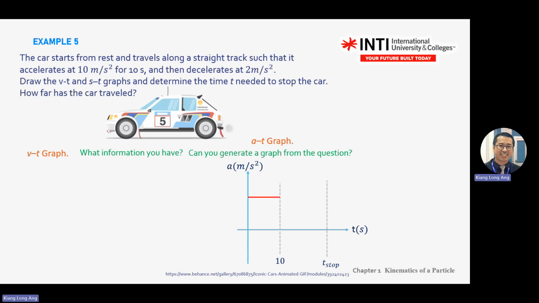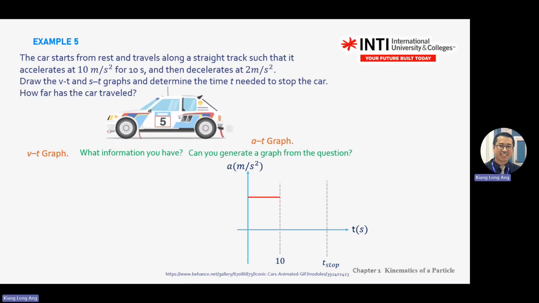Deaccelerate. If you draw this one, it is wrong. Why is it wrong if you draw like this? What do this X and Y mean to you? Y means acceleration. X is time. So in the first place, how did this red line come into the picture? It tells you 10 meters per second squared acceleration for 10 seconds.